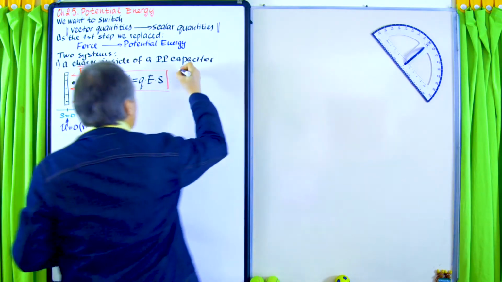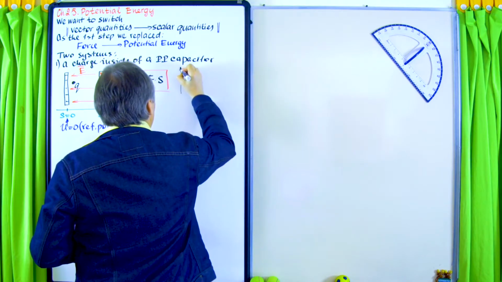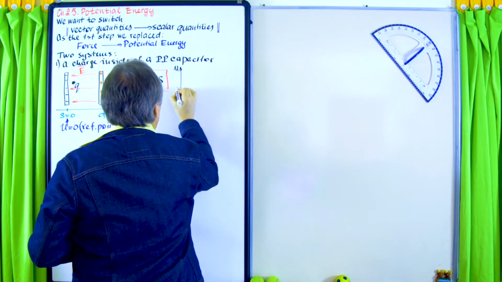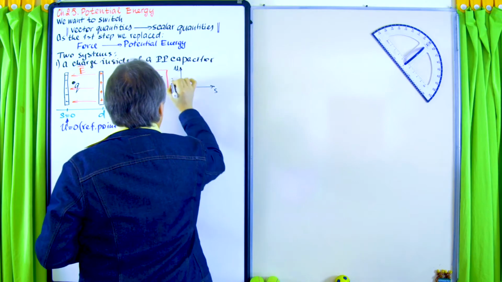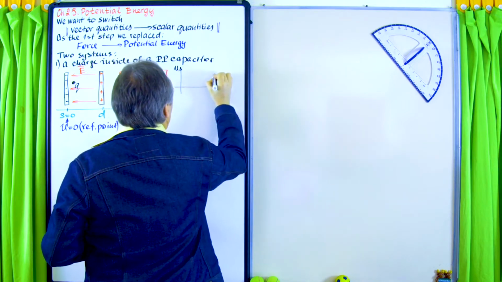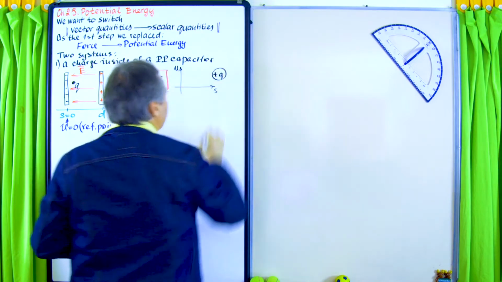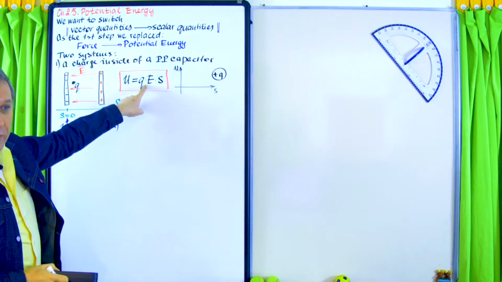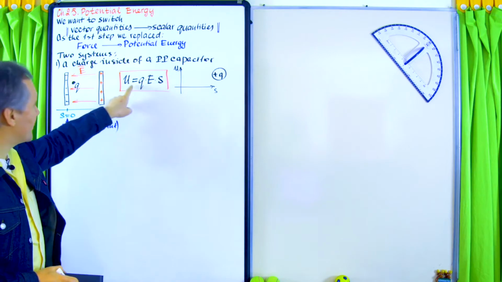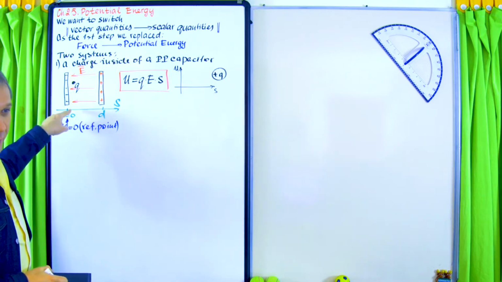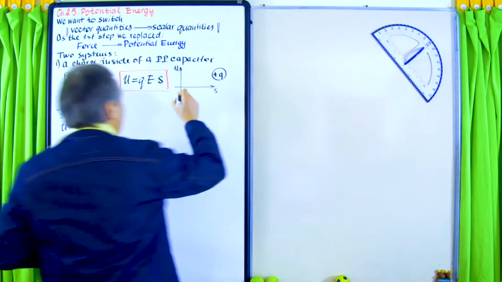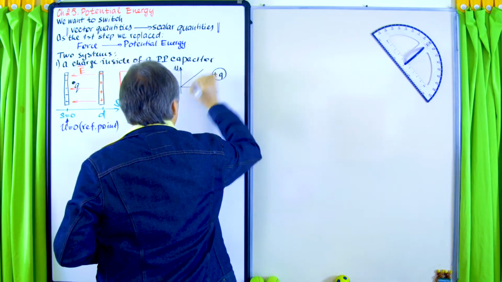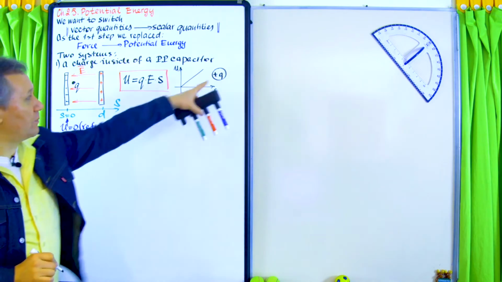And you know what? Let me also plot, for example, potential energy versus position for a positive charge, let's say plus Q. If you have a positive charge, potential energy, of course, is going to be positive, with 0 at the negative electrode. When S equals 0, of course, the potential energy is 0. So if you plot potential energy versus S, it will be something like this. It's for a positive charge.